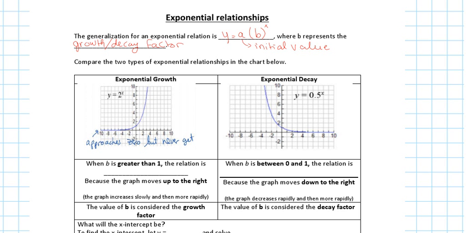I have two different equations here: y equals 2 to the power of x, and y equals 0.5 to the power of x. If you're looking at their graphs, what's the difference between them?